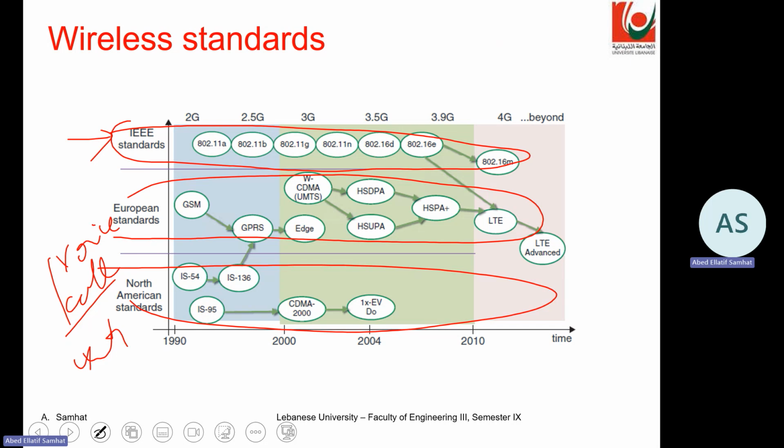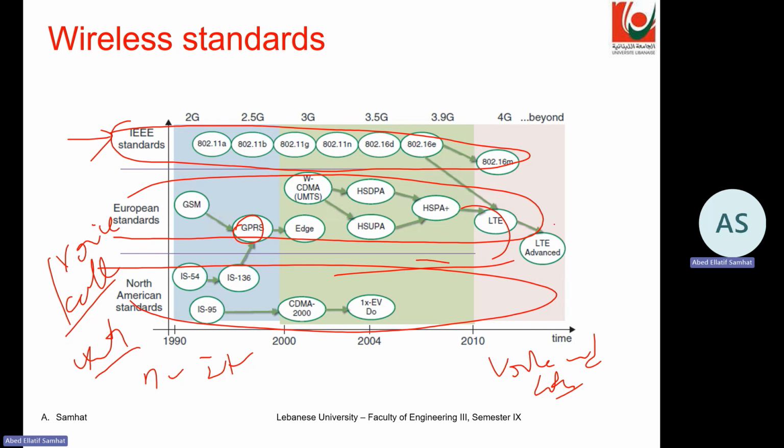And after that, with GPRS, they started to add data, which is internet service. And now with LTE and all of them, we have both voice and data and internet services, and we have them with mobility.